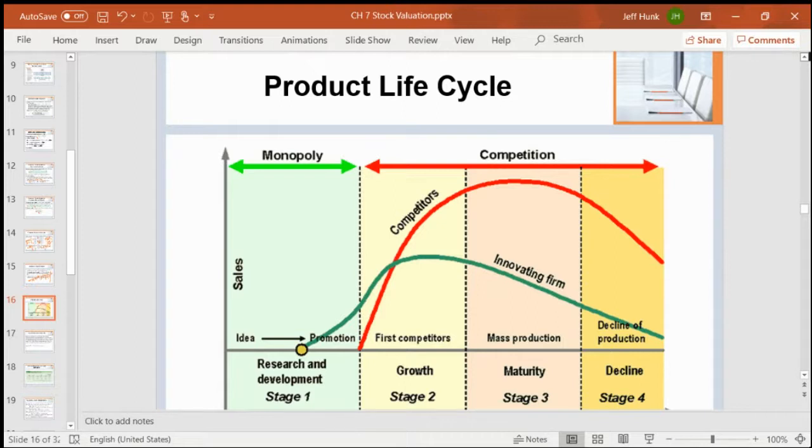It's a very well established and well known theory. You might wonder, some products may have a life cycle, but what about the companies?